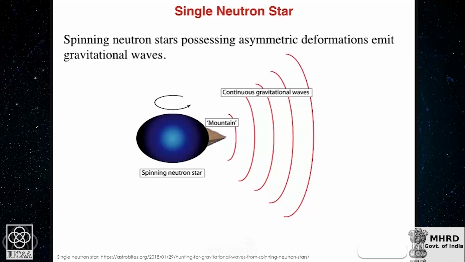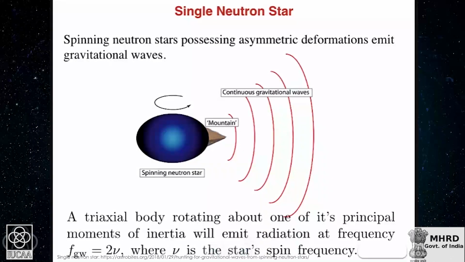In this case, the object is rotating with a particular speed or frequency, and it would be emitting a monochromatic signal with a frequency twice its own rotation frequency, not orbital frequency.